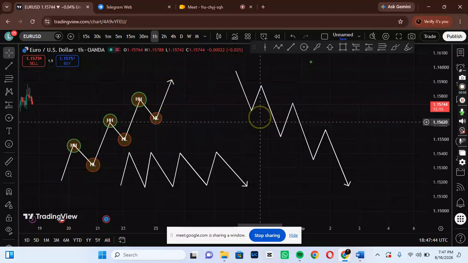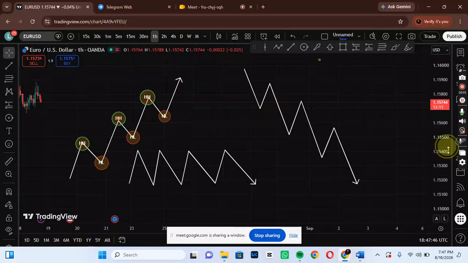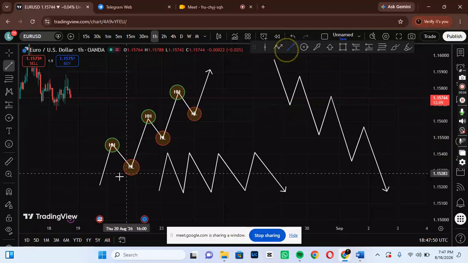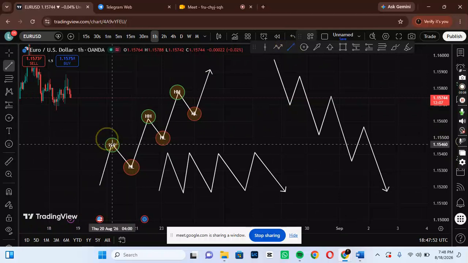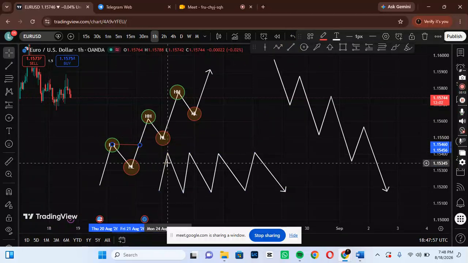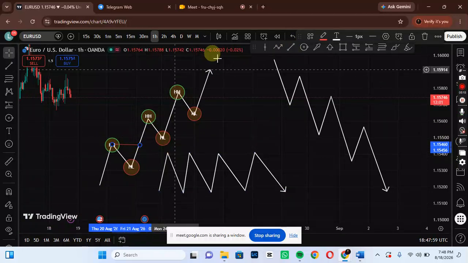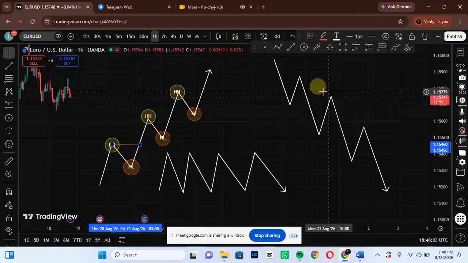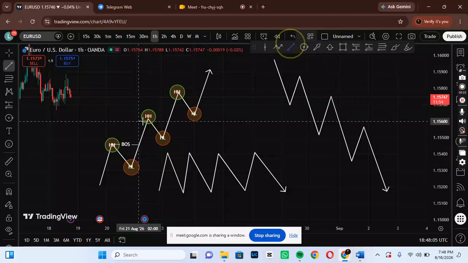When I say break of structure, I mean BOS. In trading, we call it BOS. BOS means break of structure. When the market is going up and it has broken past the recent high, it becomes a break of structure. That means the market has broken structure at that point.